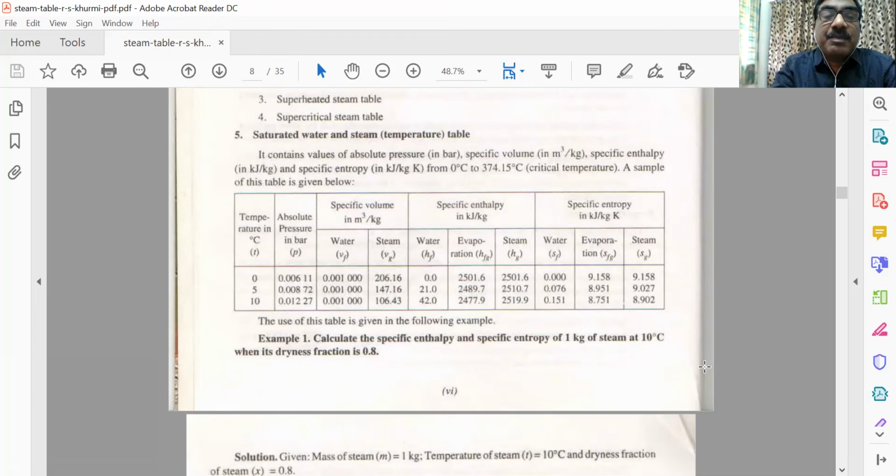VF is the specific volume of the saturated liquid, and VG is the specific volume of the saturated gas. That means the entire liquid is converted into gas. Similarly, for specific enthalpy, you have three quantities: HF, HFG, and HG. HF is the specific enthalpy of the saturated liquid.